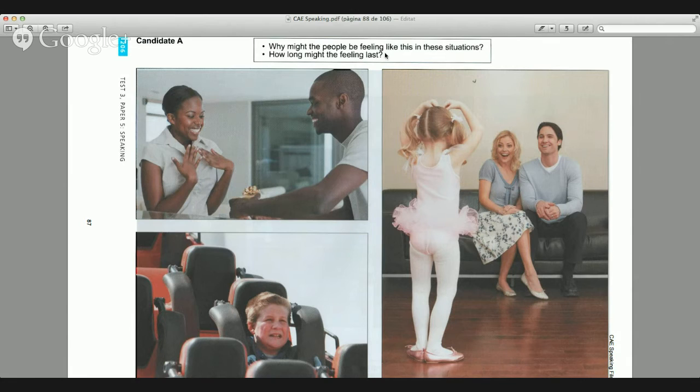Why might the people be feeling like this in these situations, and how long might the feeling last? Go. Okay, the first picture, I think this seems like a couple of friends and they are enjoying conversation. And so the feeling of them is a happy feeling. They enjoy the chat. And second picture, the right-hand picture, I think the picture is about parents and their kids.